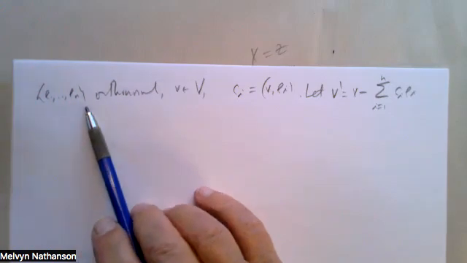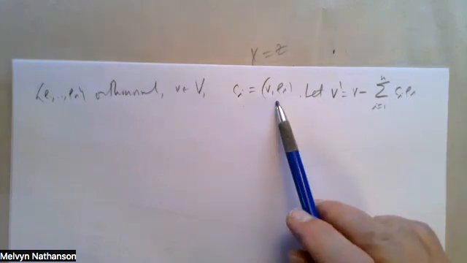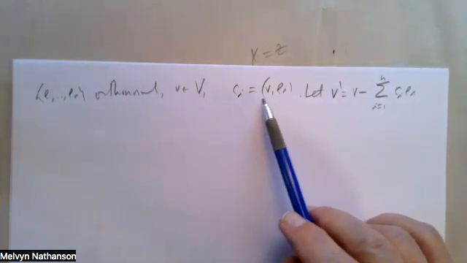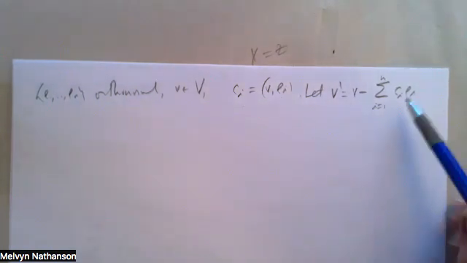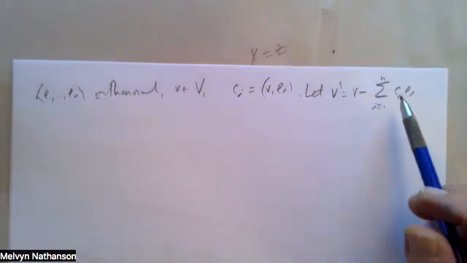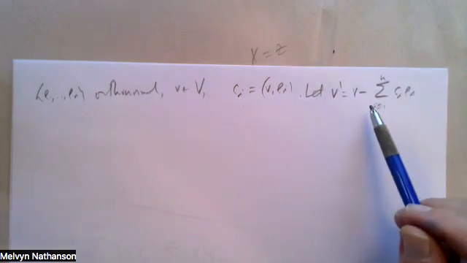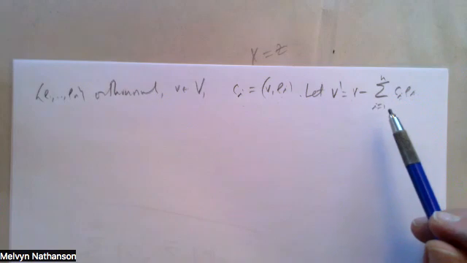So E1 up to En is a set of vectors. v is a vector. ci is a scalar. I take the inner product of v with Ei. I look at this linear combination of E1 up to En. I multiply Ei by the scalar ci, I add, and look at v minus that.